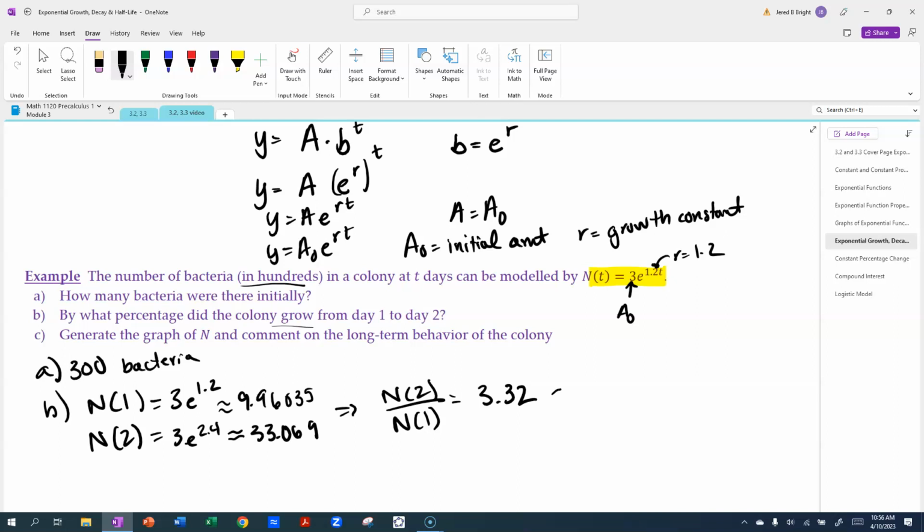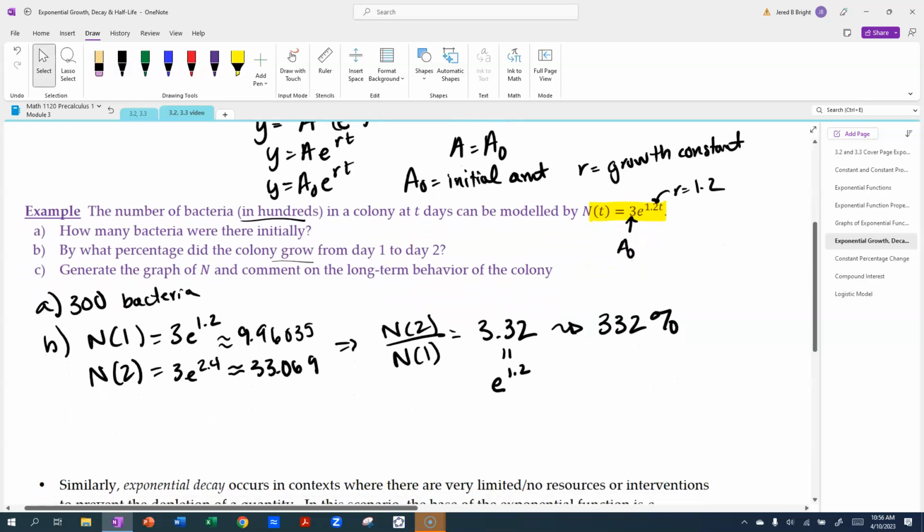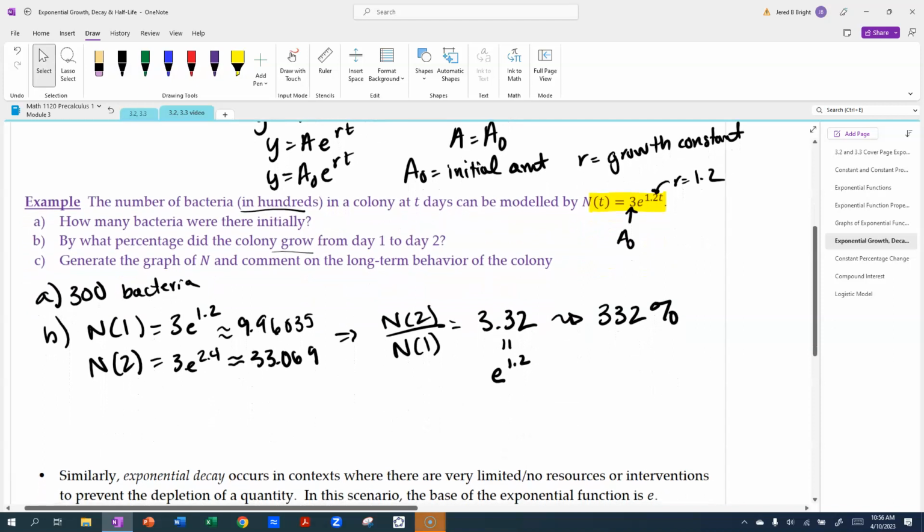As a percentage, that'd be about 332%. Coincidentally, this 3.32 number is e to the 1.2. That's interesting.